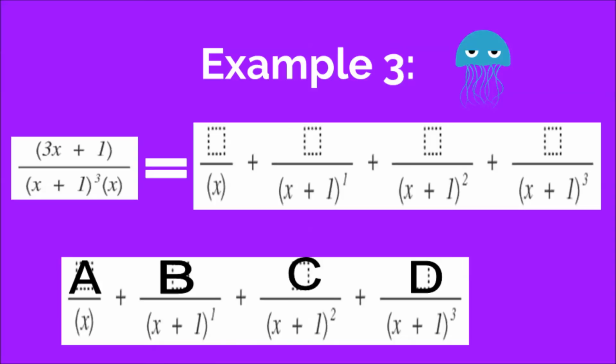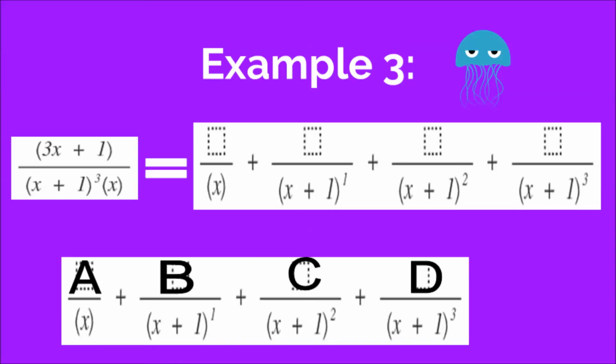In this situation, in the original rational function, we have x plus 1 raised to the third power. This means we need to create 3 separate factors: x plus 1 raised to the first power, x plus 1 raised to the second power, and x plus 1 raised to the third power. Stopping there, since the factor that we just decomposed into, x plus 1 raised to the third power, is equal to x plus 1 raised to the third power in the original rational function.